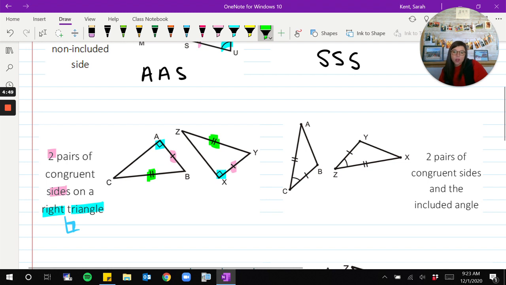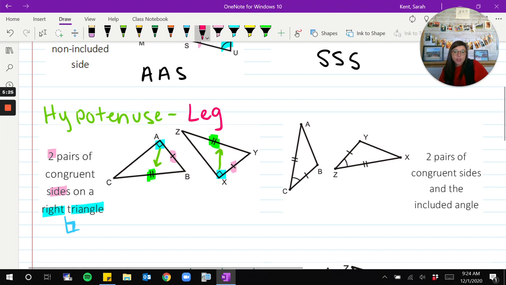Since these are right triangles, the side across from the right angle has a special name. It is called the hypotenuse. That is the side that's across from the right angle. Then we can call this other side down here a leg.